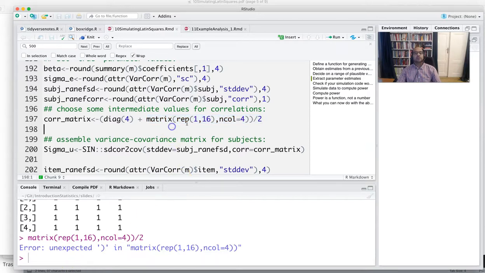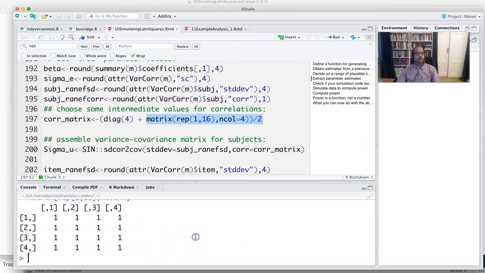Oops, sorry, what did I do? Right, so let me just generate this matrix. This matrix contains ones everywhere. If I divide by 2, I get a half everywhere.